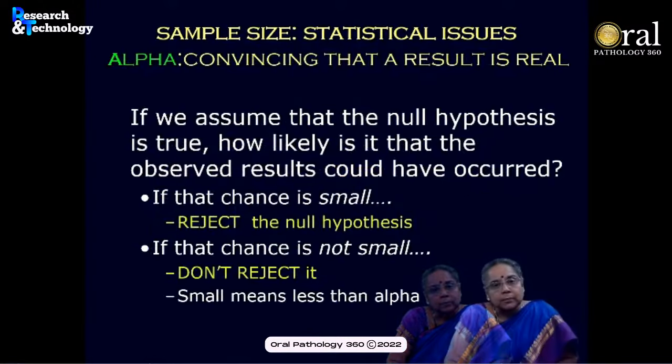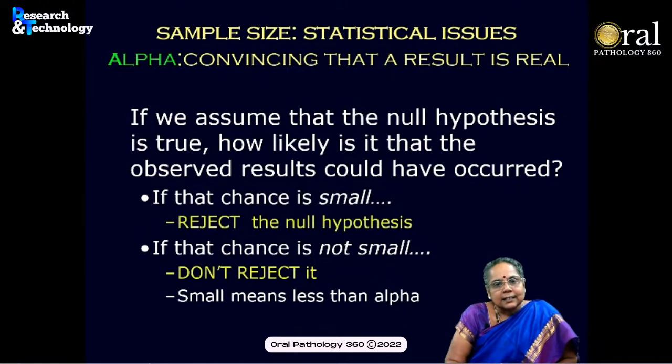So if we assume that the null hypothesis is true, how likely is it that the observed results could have occurred? If the chance is small, less than 5%, I have myself given an allowance of that 5% chance. It's okay if my results are wrong by 5%.